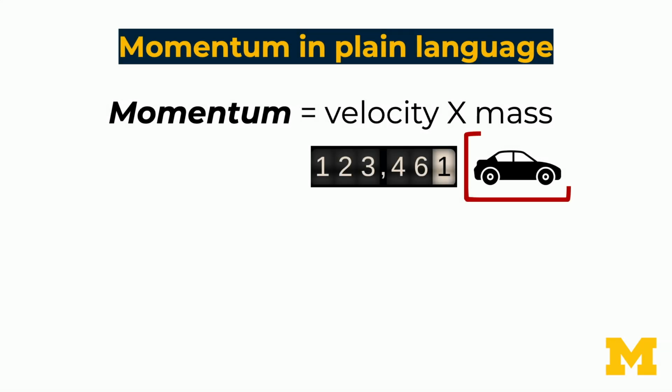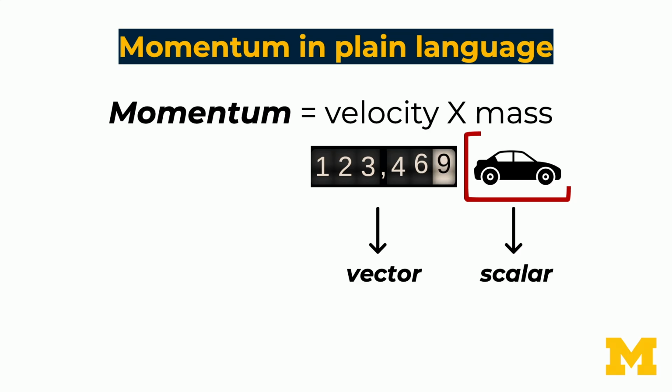So momentum is the velocity of an object times the mass of an object. If you remember, velocity is a vector, so it has directionality like east, west, north, south, up, down. Mass, on the other hand, does not have directionality.